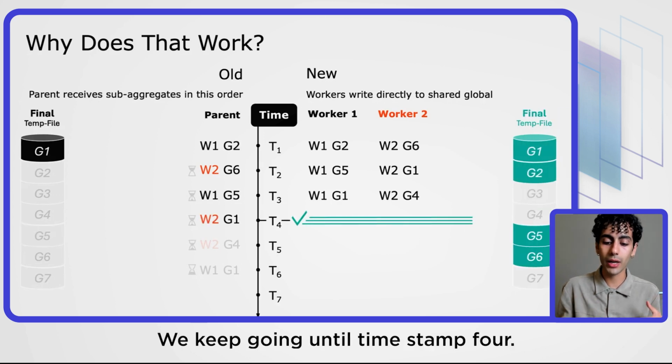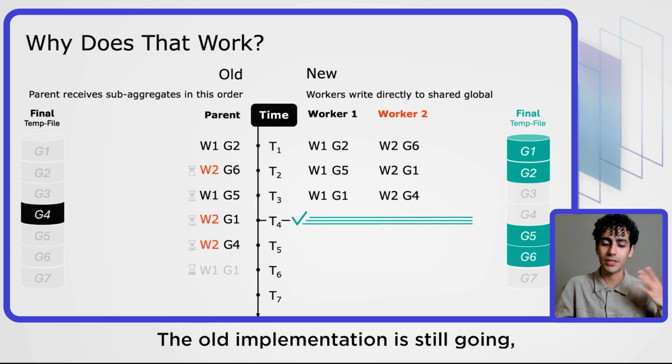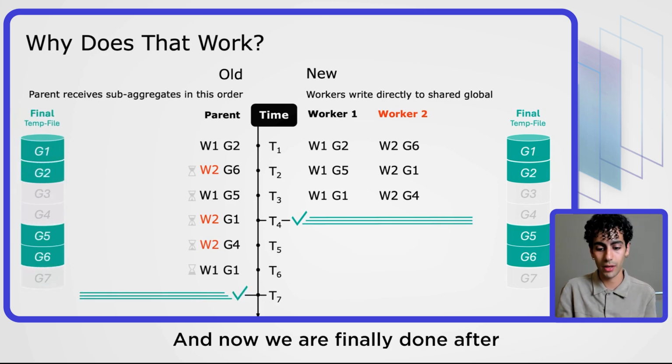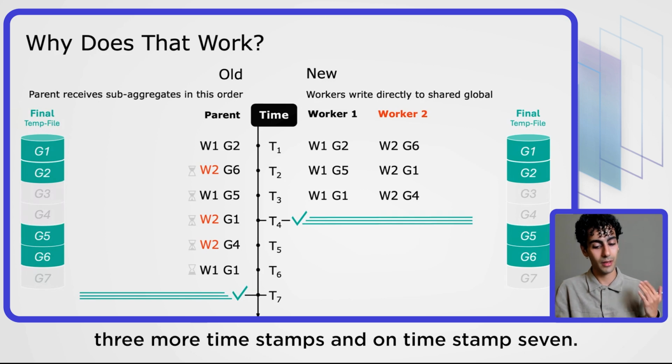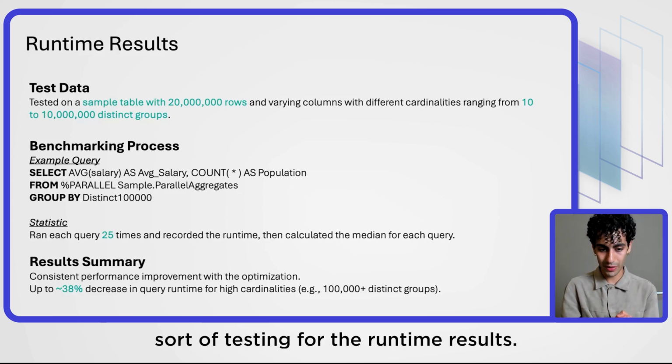We keep going until timestamp 4. We're done in the new implementation. The old implementation is still going, processing group 4, group 1, and now we are finally done after 3 more timestamps, on timestamp 7.